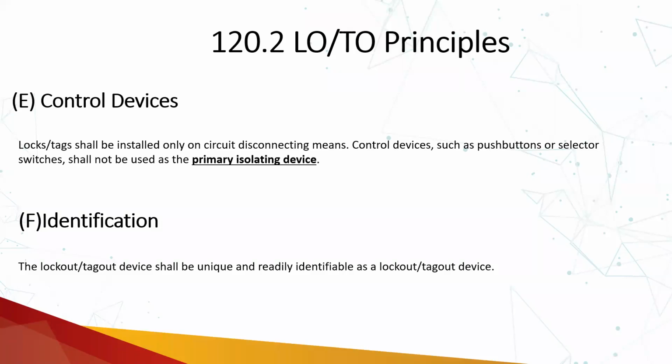The lock and tag device shall be unique and readily identifiable as lockout and tagout devices. So if I'm using a blue color lock for lockout of electrical energy, I should not use that particular color of lock for other purposes, like for restricting access to a substation.